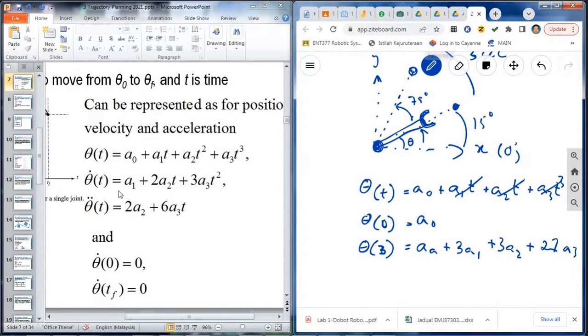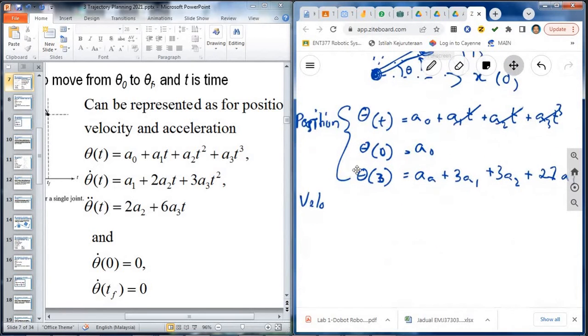Same goes for the velocity. This is position, your robotic position. So the absolute value you can get here, and then your velocity. What equation can you get from this main equation?